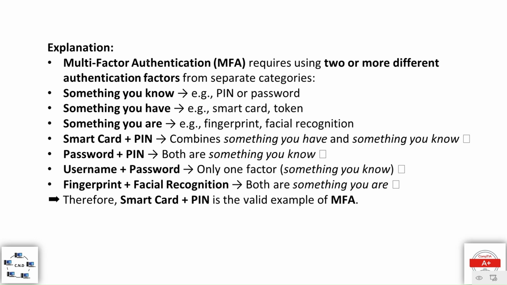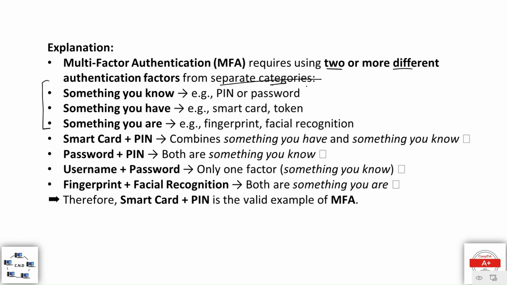So the explanation is multi-factor authentication requires using two or more different authentication factors from separate categories. As I already said, there are basically three categories or types of factors.